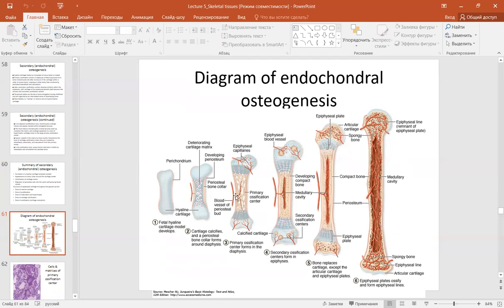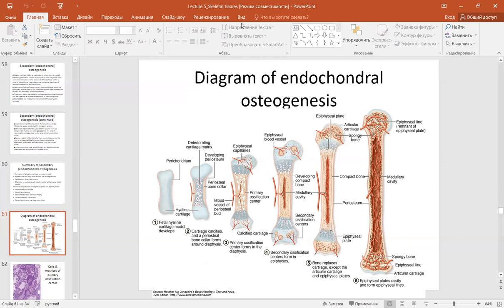Blood vessels of periosteal bud are entering the primary ossification center, and epiphyseal cartilages are the site where the secondary ossification centers develop in the epiphysis, developing compact bone, medullary cavities, and secondary center ossification where the blood vessels are delivering the oxygen and transforming the chondroblasts and chondrocytes to the osteoblasts and osteocytes.